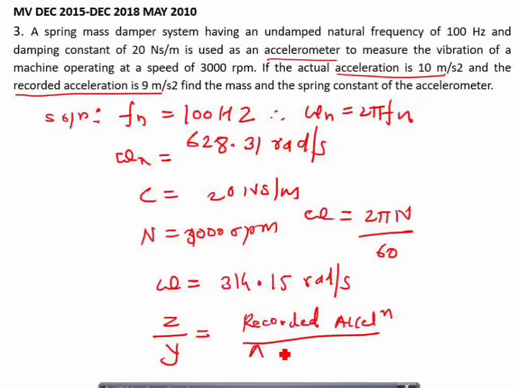So z upon y is equal to 9 upon 10, which is 0.9.